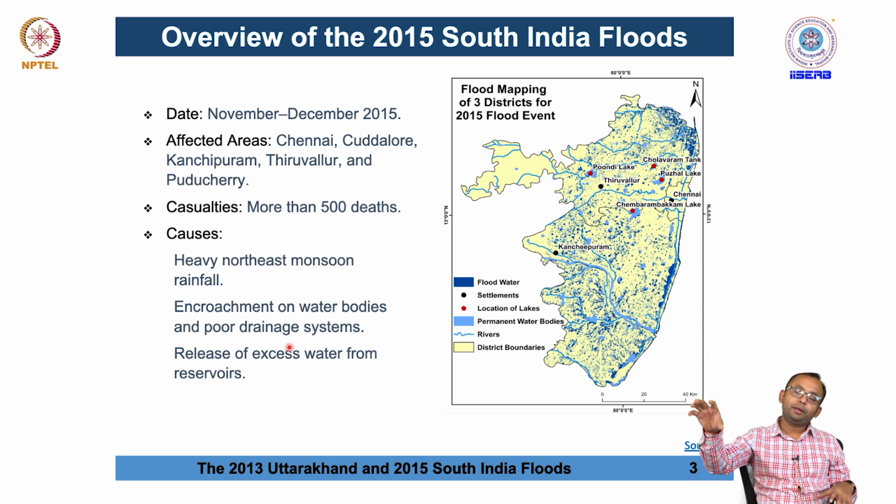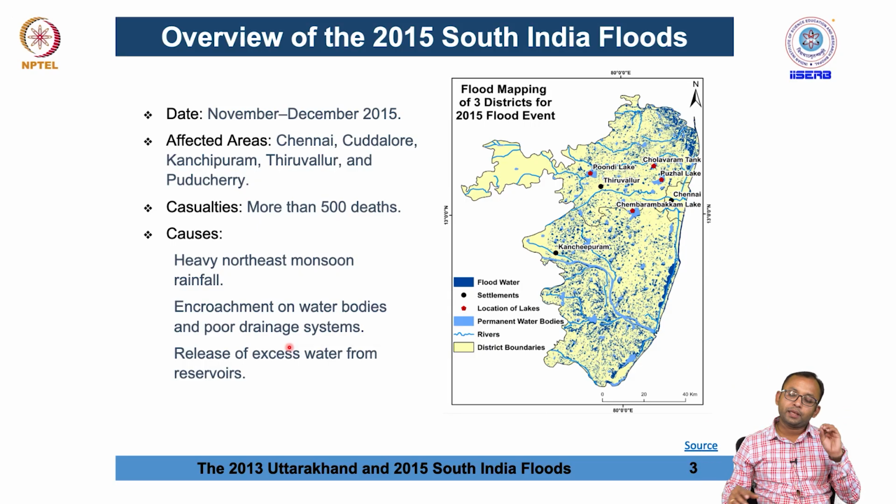There were multiple reservoirs situated there, and excess water was coming from the upstream region, from the higher elevation region, and going to those reservoirs. These reservoirs and dams have a certain capacity. They can store a certain amount of water, but not for a very long period of time, because they also have to evacuate that water to the downstream region.